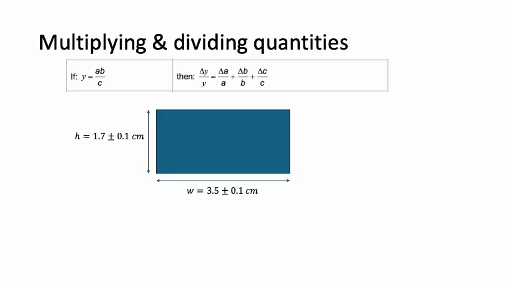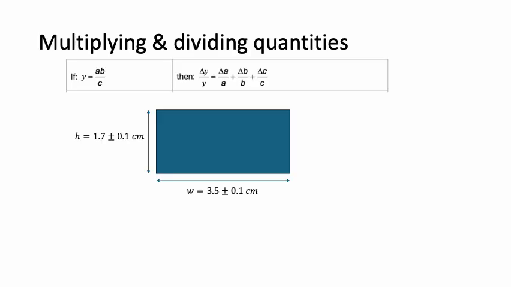So delta y over y, that's the fractional uncertainty in our answer, is delta a over a, that's the fractional uncertainty in the first thing we measured, plus delta b over b, plus delta c over c. And it doesn't matter that c is on the bottom of the fraction, we deal with the uncertainties just the same, we add the fractional uncertainties.